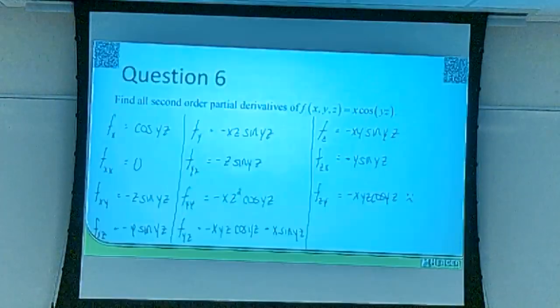Yes, it's a product rule again, isn't it? Plus negative, minus x sine of y z.